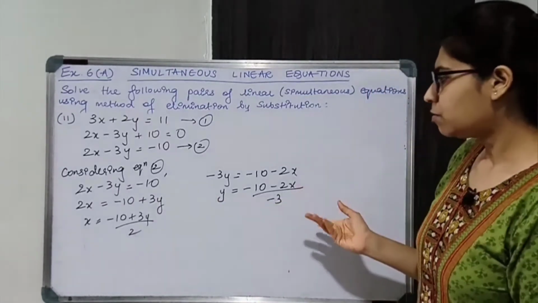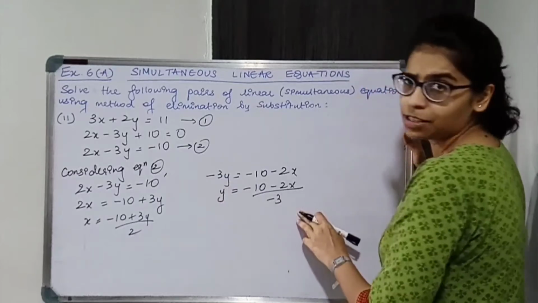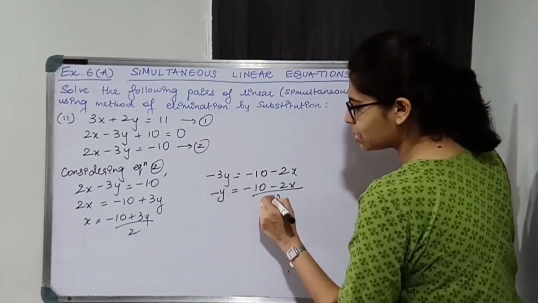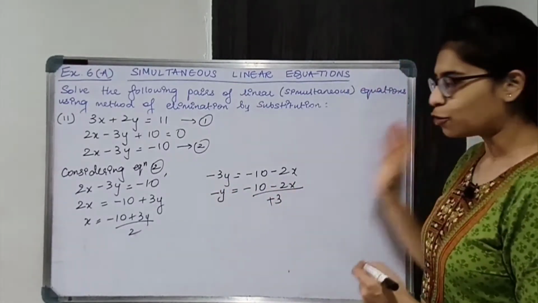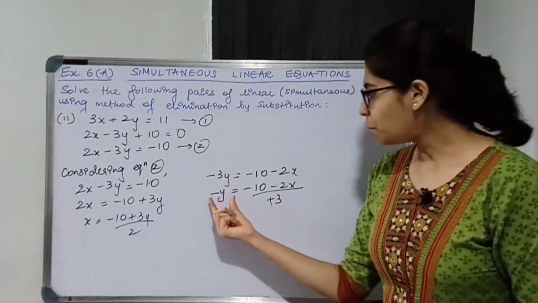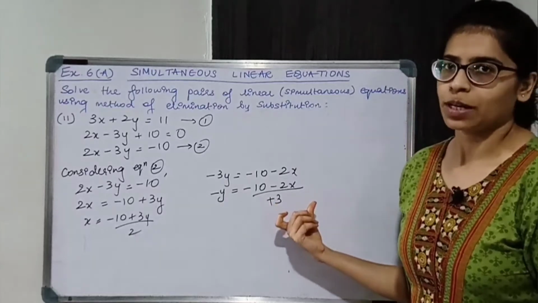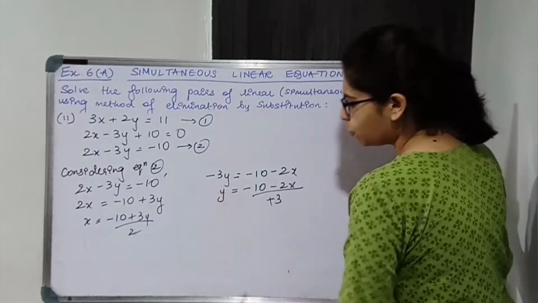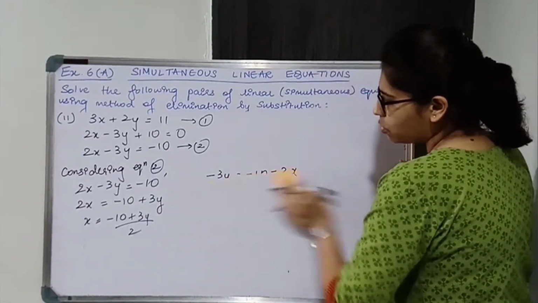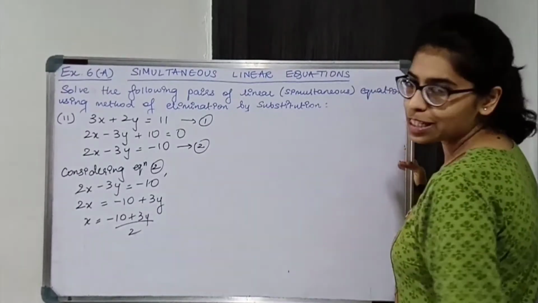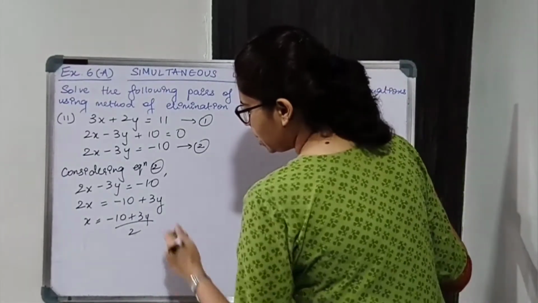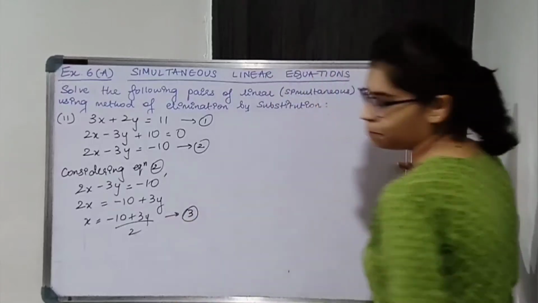But make sure that you shift minus 3 to the other side and you don't take minus y is equal to this. You have to be very careful because then it is minus y is equal to this. Not y but minus y. So be very, very careful while you are solving. Be very careful with signs. Let's number this as 3.